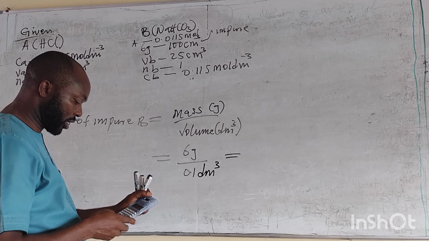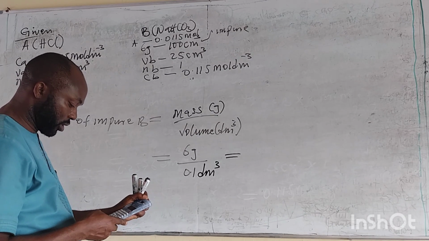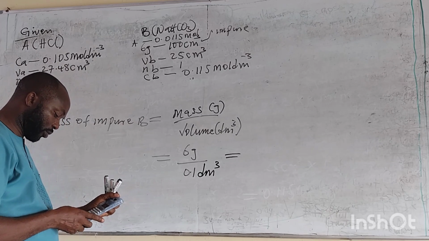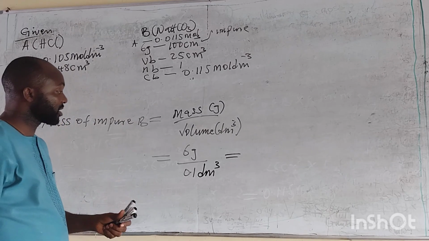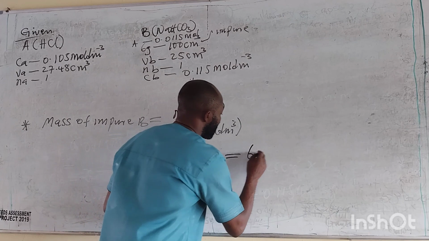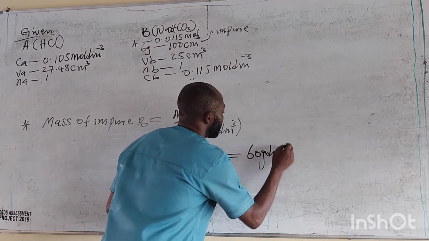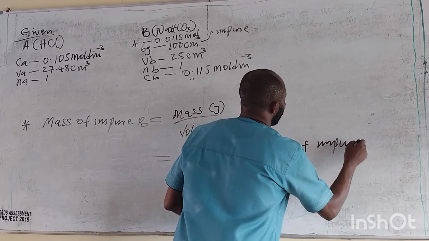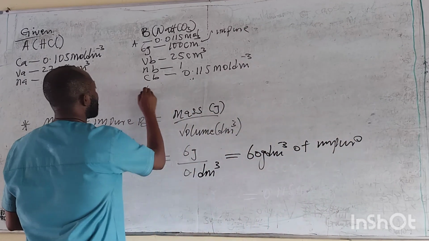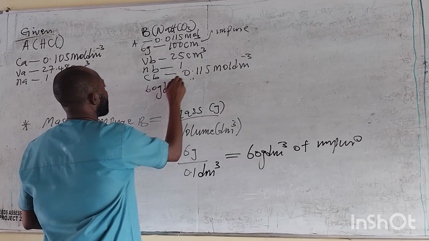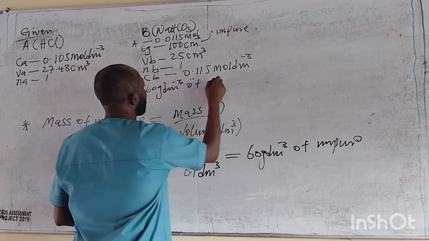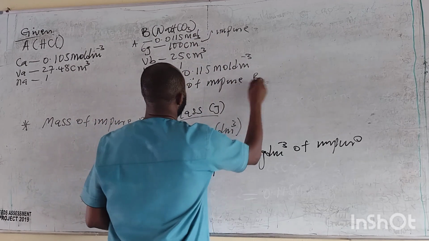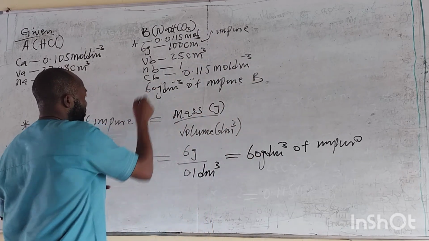First of all, 100 divided by 1000 is 0.1, that's correct. So 6 divided by 0.1 will give us 60. Wow. 60 g/dm³ of impure B. So let's look for pure.